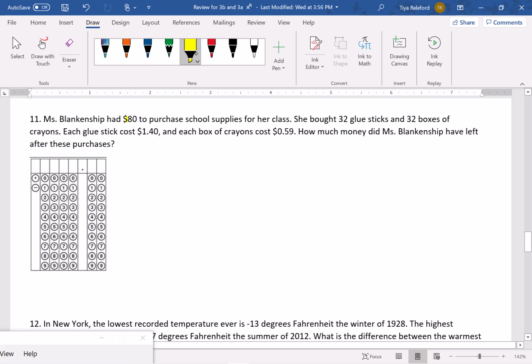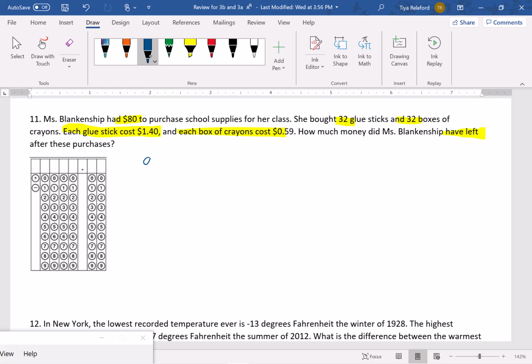Ms. Blankenship had $80 to purchase school supplies for her class. She bought 32 glue sticks and 32 boxes of crayons. Each glue stick cost $1.40, and each box of crayons is 59 cents. How much money did Ms. Blankenship have left after these purchases?